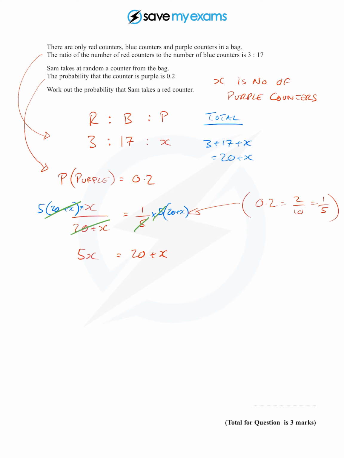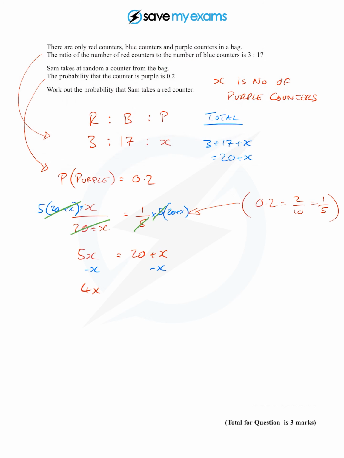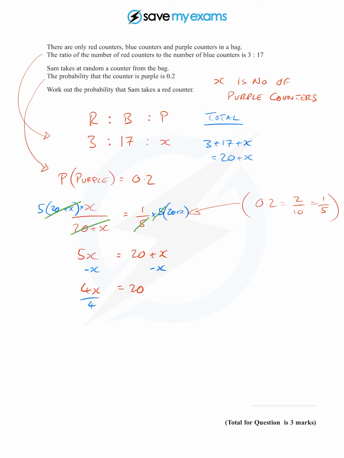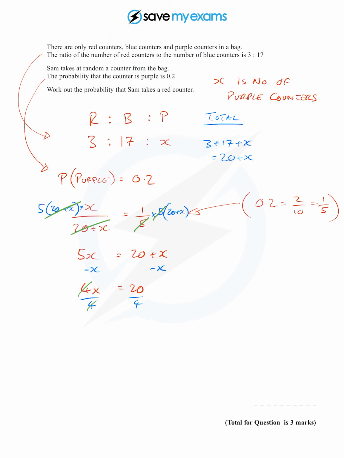Well, let's get rid of it from the right-hand side by subtracting x from both sides, and that gives me 4x equals 20. And so, quite quickly, dividing by 4, cancelling the 4s on the left to get x on its own. And x is 20 over 4, which is 5. So there are 5 purple counters.